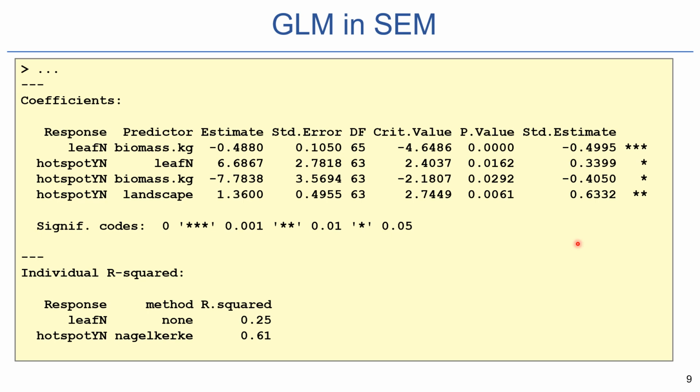So Jon Lefcheck did a huge deal of work in order to implement the standardization for the generalized linear models. And also we have the R-squares, which show how much variance is explained for each response variable here.